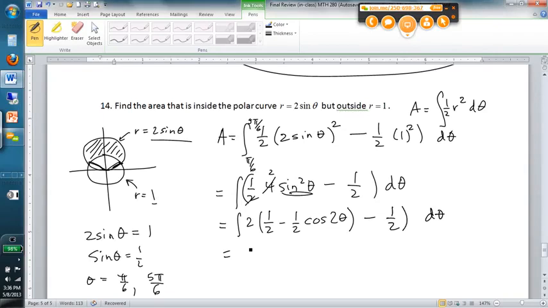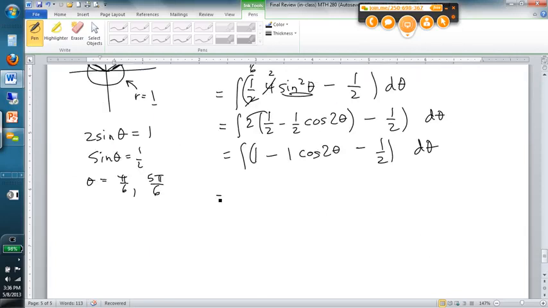So that's going to be 1, 2 times that, minus 1 cosine 2 theta, minus 1/2. Let's go ahead and combine the 1 minus 1/2. That's just going to be 1/2 minus cosine 2 theta.